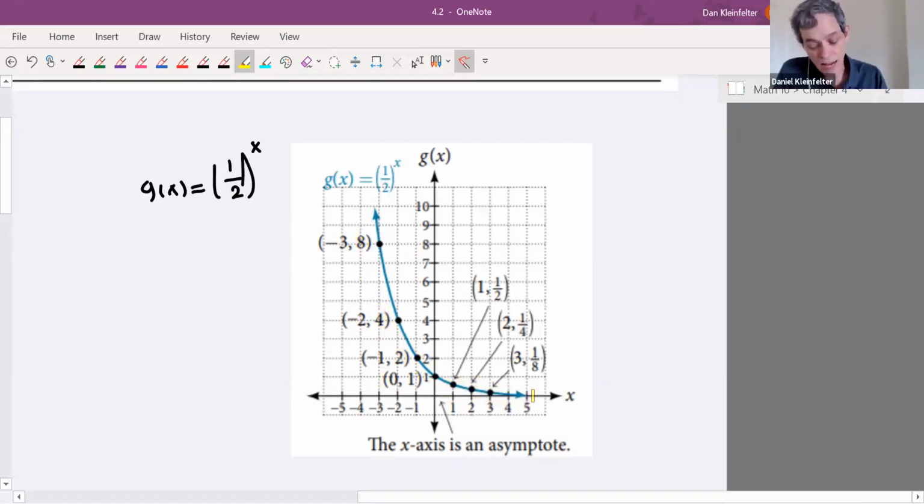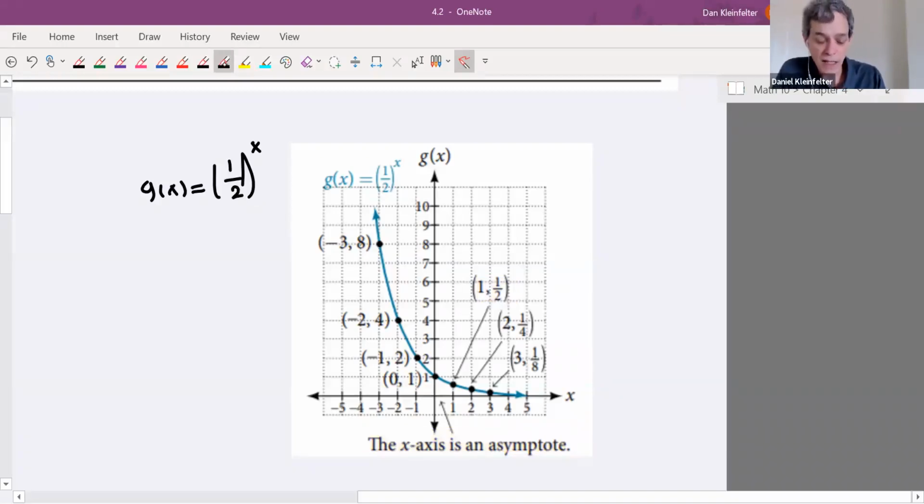Raising 1/2 to the 0 power, you'll get 1. Raising 1/2 to the first power, you'll get 1/2. So those 2 points are going to be on the graph. And once again, the x-axis will make a horizontal asymptote for the graph of our function.